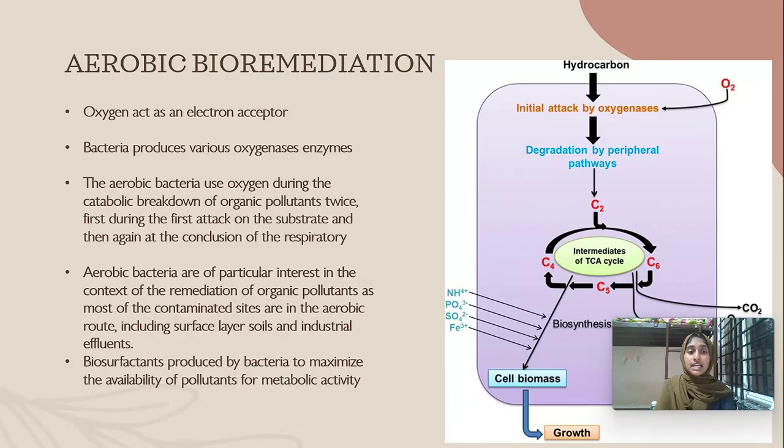Bacteria produce various oxygenase enzymes in order to make the stable hydrocarbons functional, and thus the bacteria will degrade the hydrocarbons and make substrates which can be incorporated into central metabolic pathways such as TCA, and then further these compounds or substrates are converted into energy carriers, and thus energy can be attained from the organic pollutants or other contaminants.